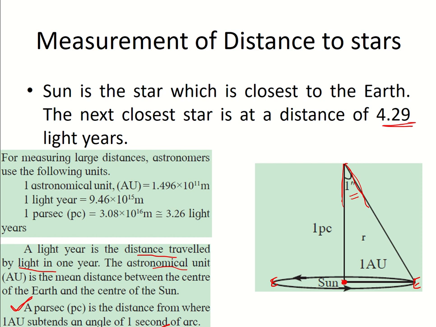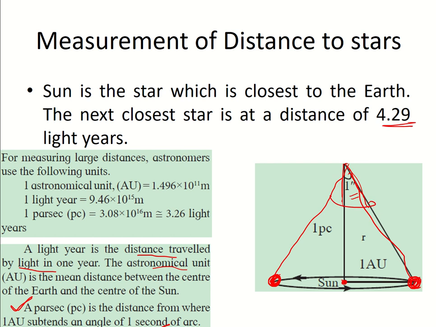Over here, for finding the distance of stars which are very far away from us, we use this method. When earth is on this end, we measure this angle, and when earth is again at the extreme other end of the sun, we measure this angle.